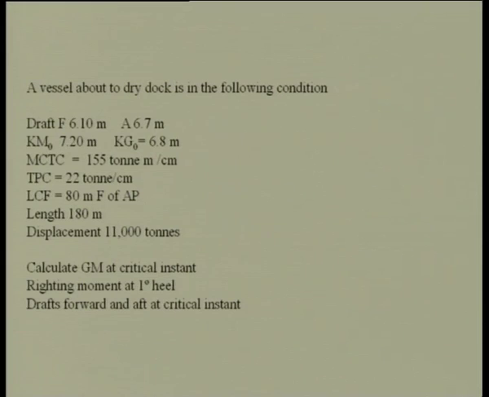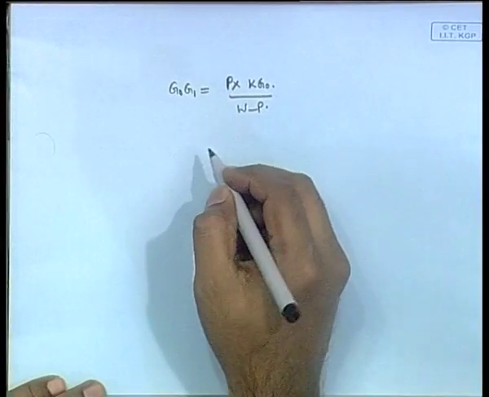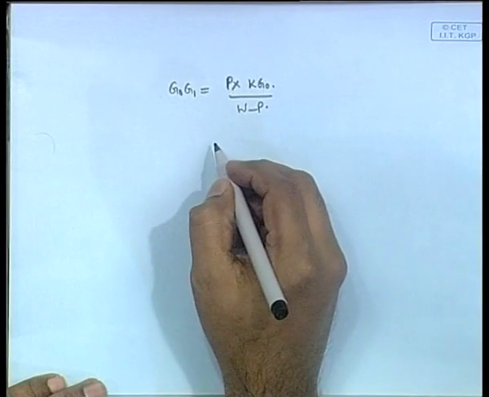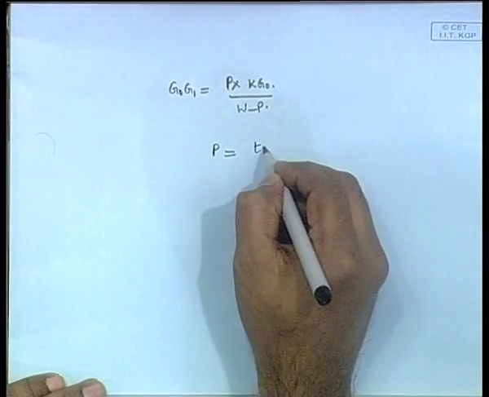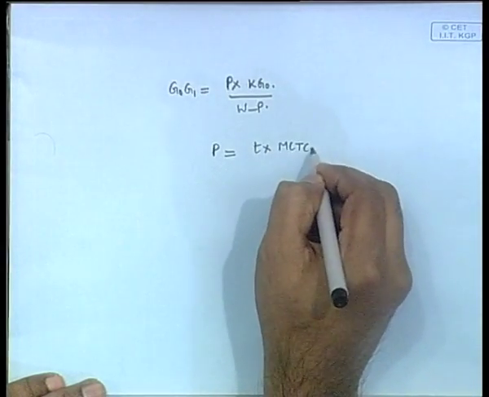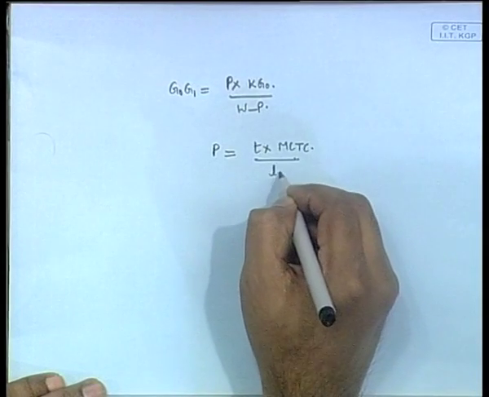The initial trim is given: aft is 6.7 and forward is 6.1. So, the difference is the trim, you know the trim, and therefore you can find P using this formula, P equals T into MCTC divided by L.